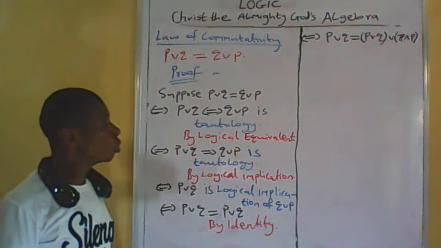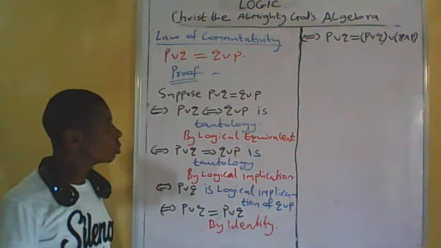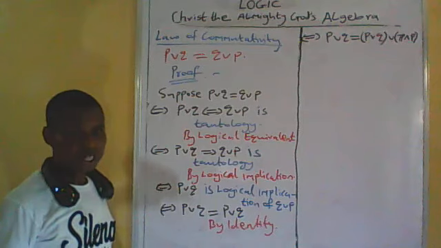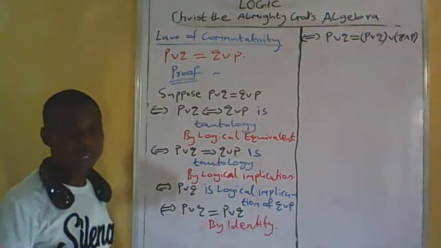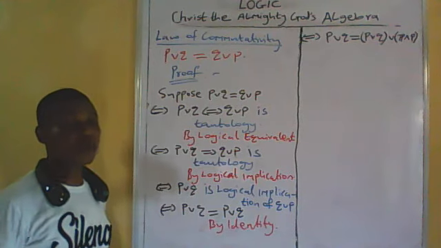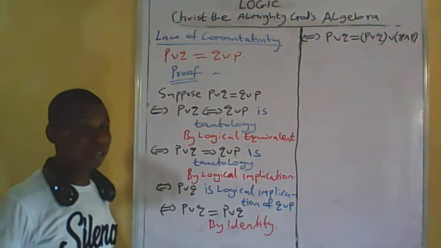Because not P and P is equal to contradiction, that is equal to F. In evaluation of not P and P, we always obtain falsity. There's no case of obtaining truth, always false. So it is justified by law of complement.